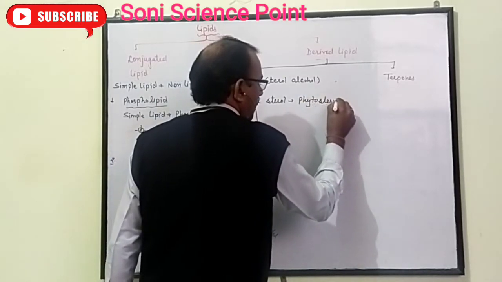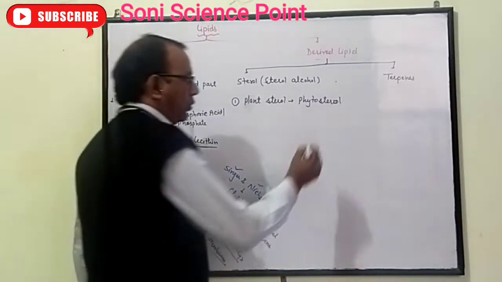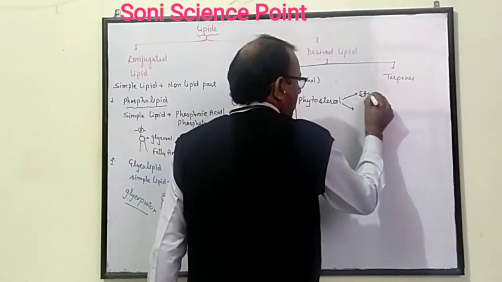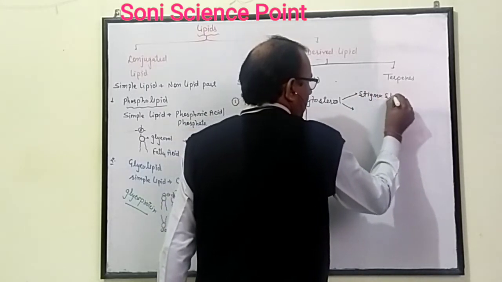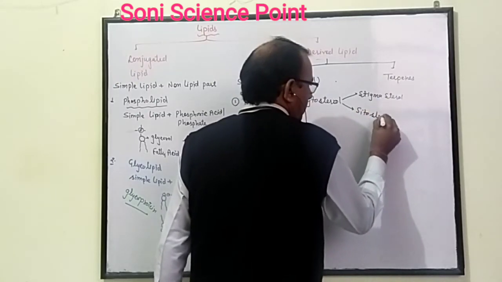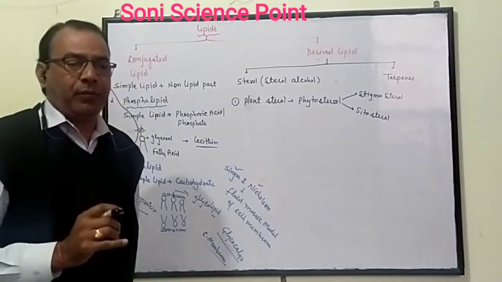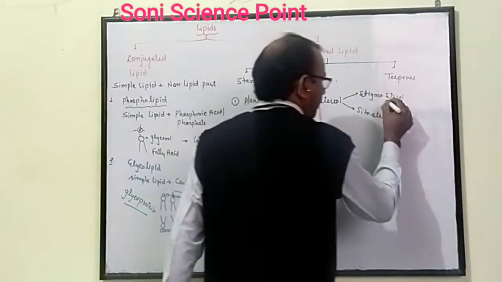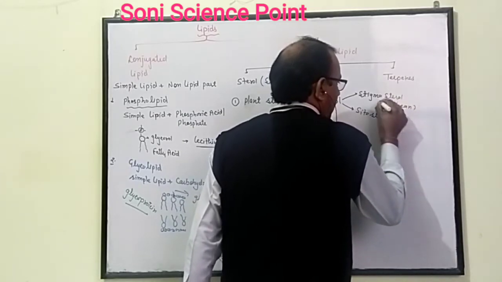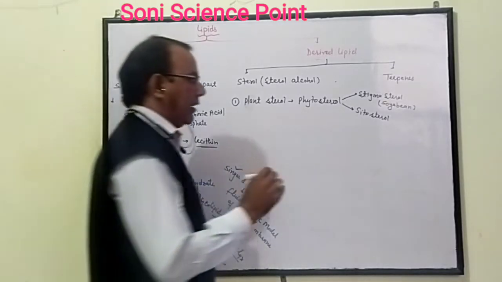This phytosterol can be categorized into two parts: stigmasterol and sitosterol. Stigmasterol is derived from soybean, and sitosterol is derived from wheat oil.